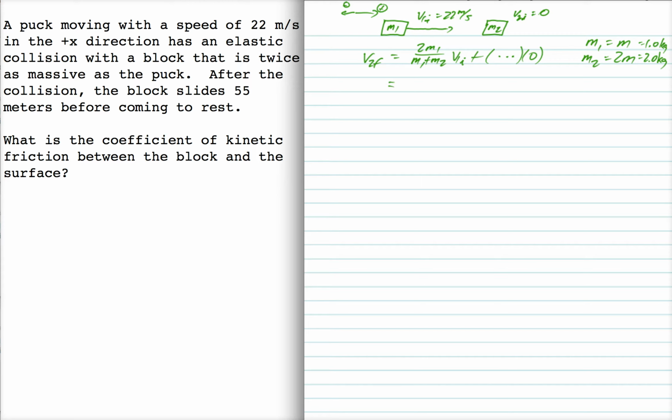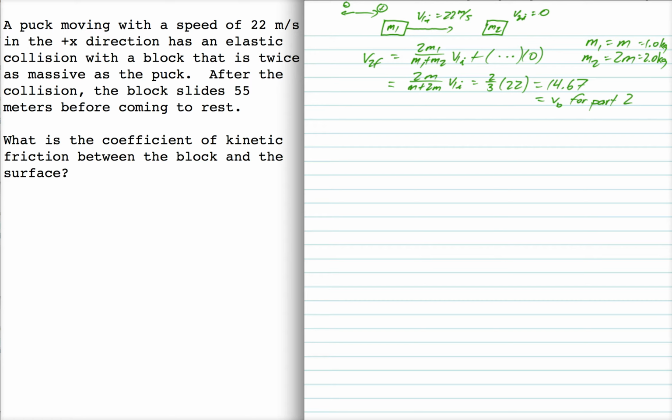So this simplifies to 2m over m plus 2m times v1i. So that's 2/3 of 22. So 14.67. That's the final velocity after the collision of m2, which is the initial velocity for part 2.